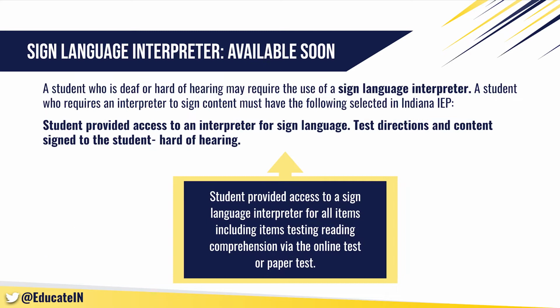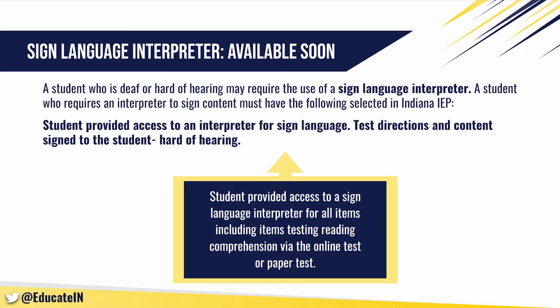A student who is deaf or hard of hearing may require the use of a sign language interpreter. A student who requires an interpreter to sign content must have the following daily accommodations selected in Indiana IEP. Student provided access to an interpreter for sign language, and test directions and content signed to the student hard of hearing.